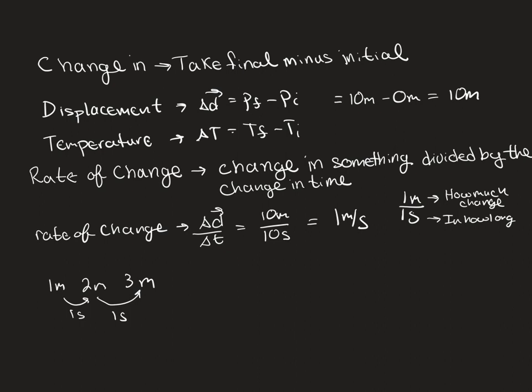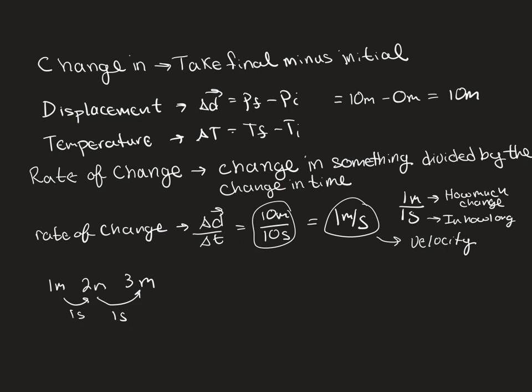So we're doing 1 meter every 1 second. If these numbers had been different, you would get a different number when you divide, and that would be your rate of change. Now, we have a special vocabulary word for this, and we call this velocity. The rate at which your displacement changes is called the velocity.